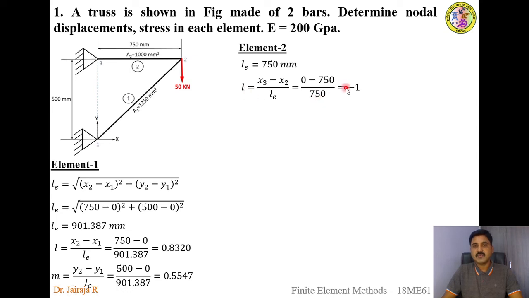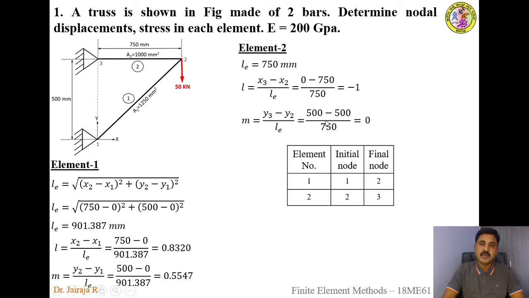So small l is equal to minus 1. Similarly, the direction cosine m for element 2 is y3 minus y2 divided by the length of the second element. y3 is 500 minus y2 which is 500, divided by the length of the second element, so m is 0.